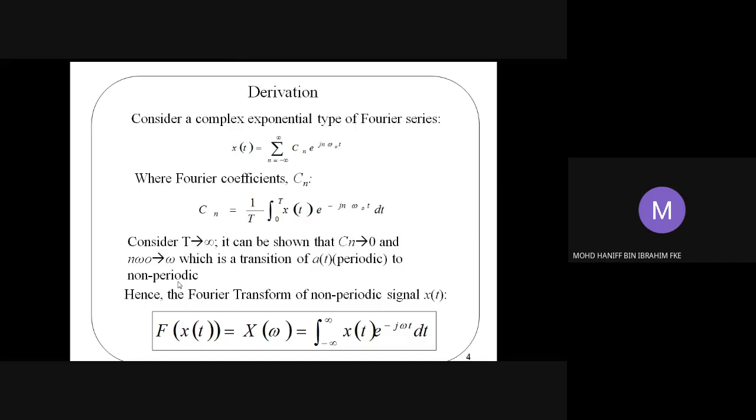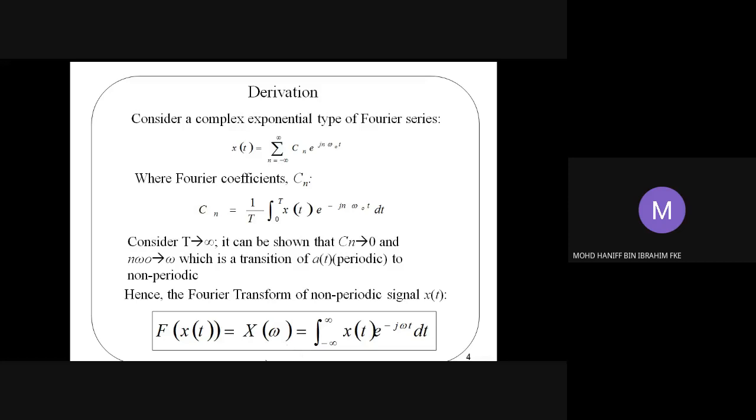So in that case, we can come out with the equation of Fourier transform for a non-periodic signal x(t), given by this equation. The Fourier transform of x(t) is given by the symbol X(omega). x(t) is in time domain, so when x(t) is transformed to the frequency domain using the Fourier transform, it can be written as capital X(omega), which is the signal transformed into frequency domain.